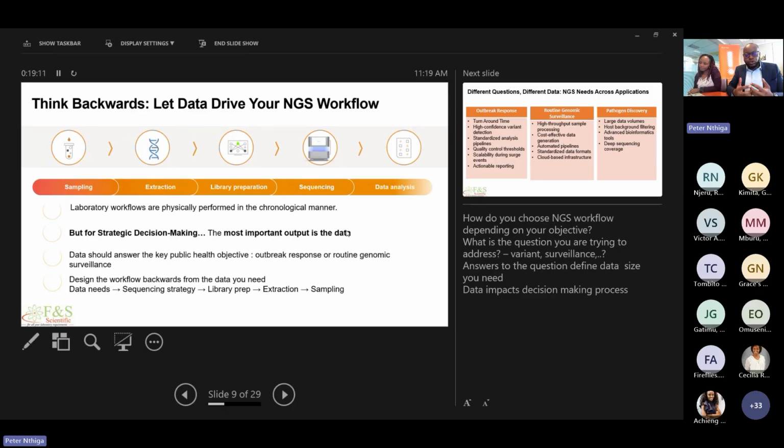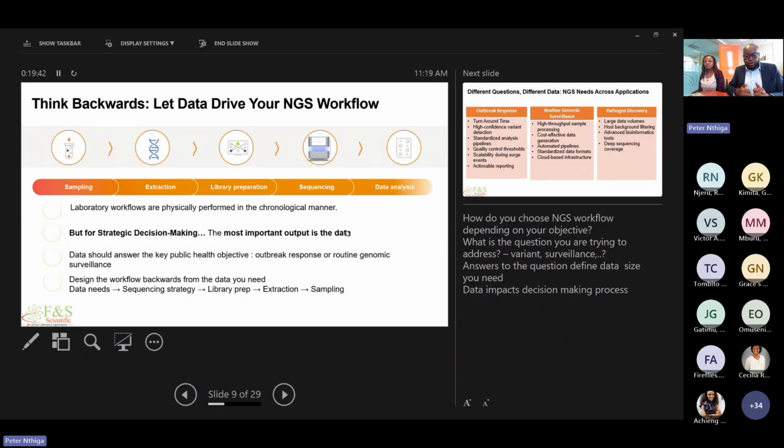However, when we want to do strategic decision making in terms of the objective of what you're trying to address, the most important output that we should always have in mind is the data. So we tend to say that the laboratory is a factory, but the data is a product. So we should always have the design of the data in our mind when we are making a strategic decision.